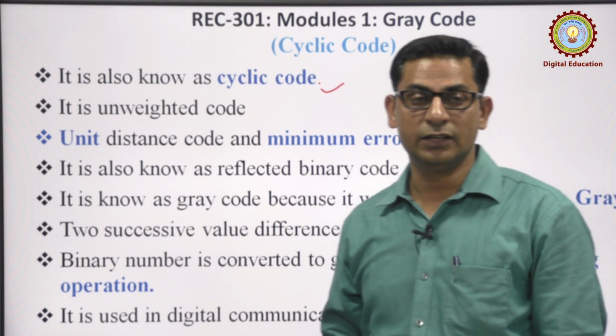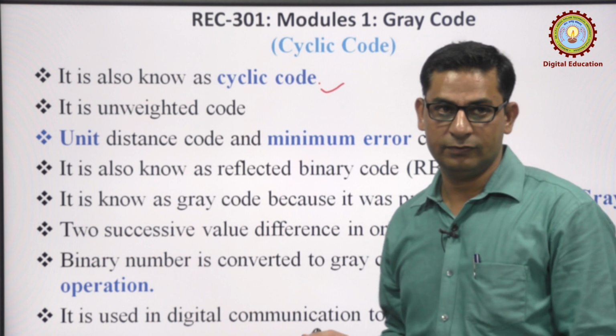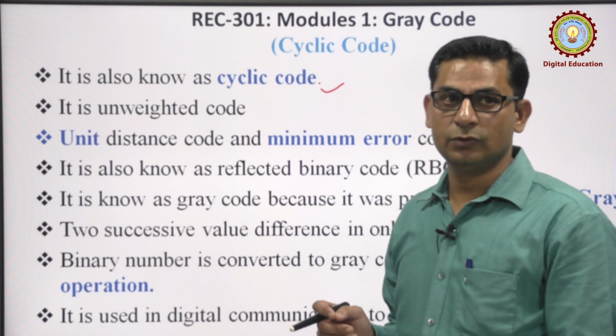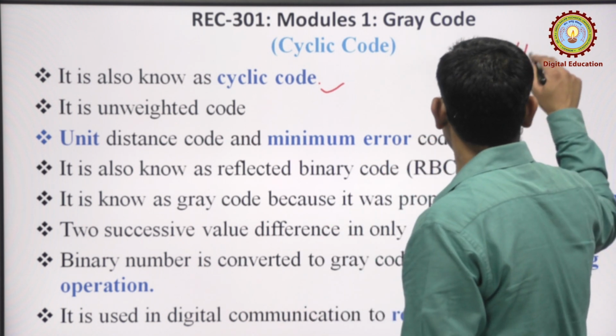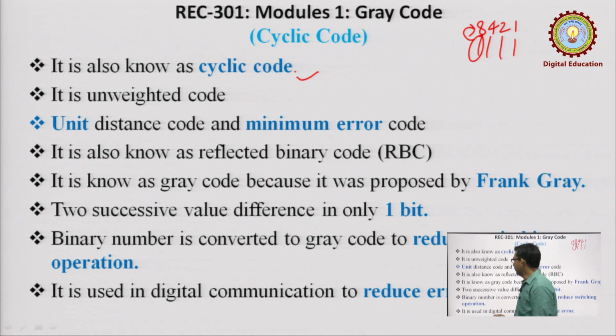In the BCD code, each digit has its weightage like 8, 4, 2, 1. So, if we have 1, 1, 1, 1, it means 8, 4, 2, 1, so this one has the weight of 8. Okay. So, this is not in the cyclic code.